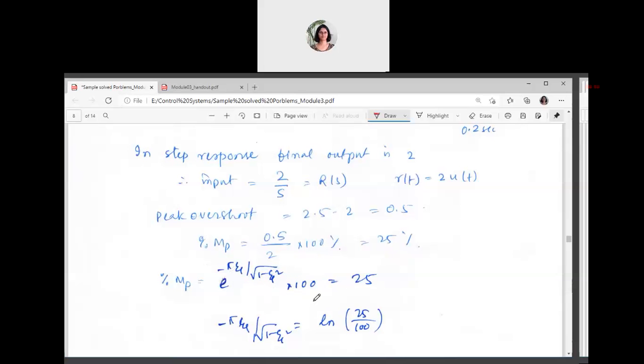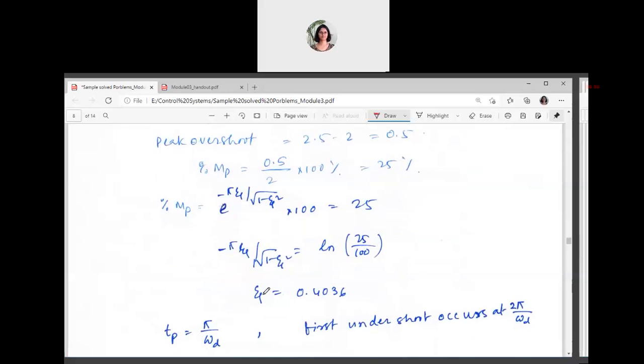I am expressing it in percentage, so even if it is for a unit step or A by S, it doesn't matter. It will remain the same. That is why I can equate this expression to this percentage overshoot. Now from this expression, we can calculate zeta. Okay, so zeta we know.